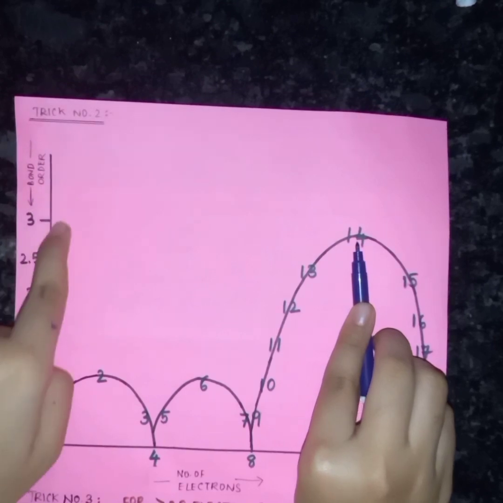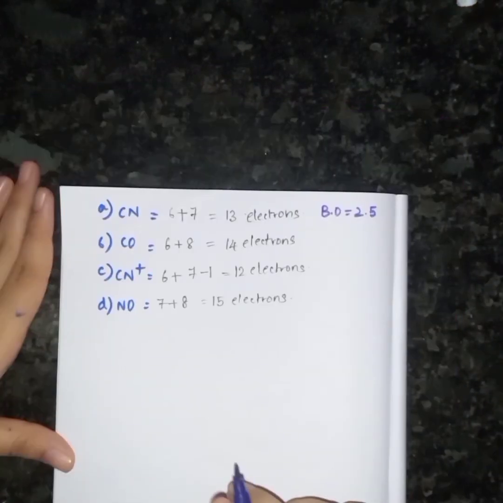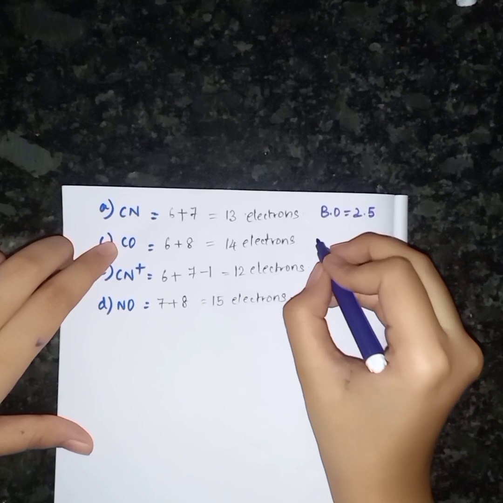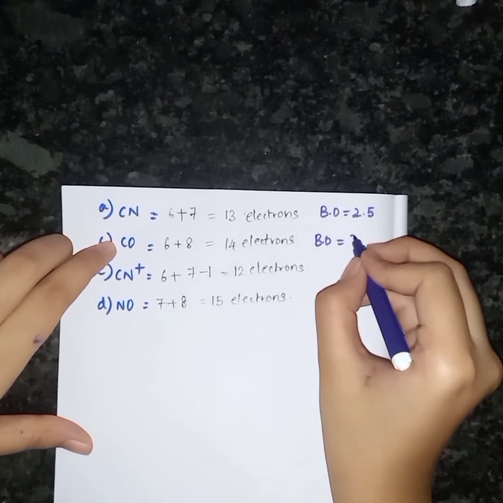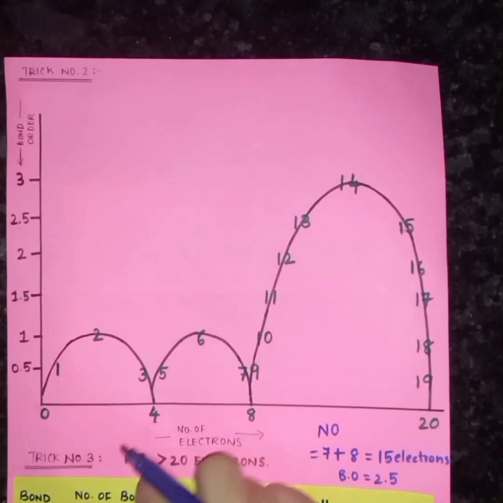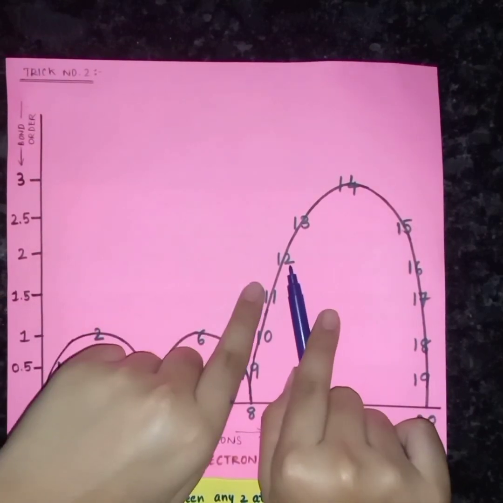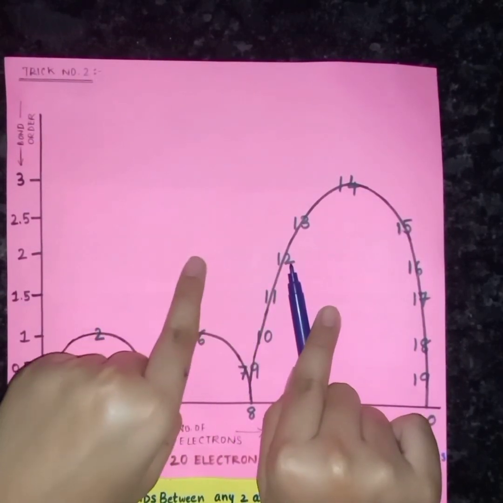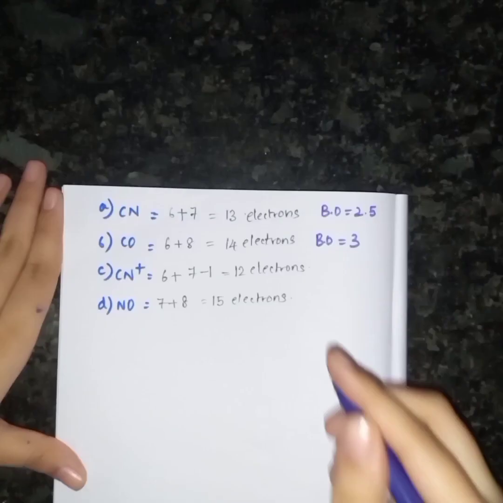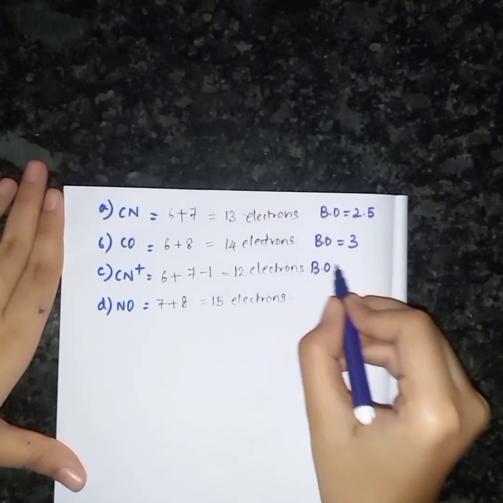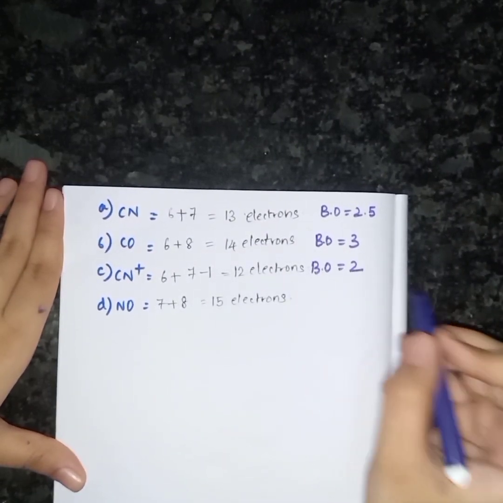The bond order is 3. Therefore, the bond order of carbon monoxide will be 3. For 12 electrons, what is the bond order? 2. Therefore, the bond order of CN+ is 2.